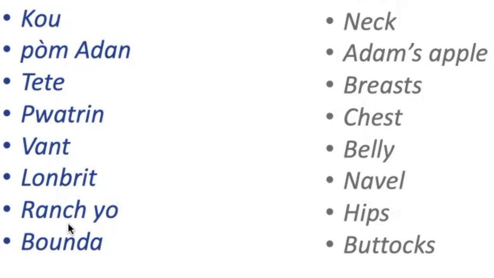That's navel. Hips, hanche. And of course, the yo is to indicate the plural, but you just say hanche. Buttocks. Now, I would say it's more appropriate to say derrière, but bunda is kind of borderline vulgar. Bunda. All right? Okay. Buttocks. Derrière.